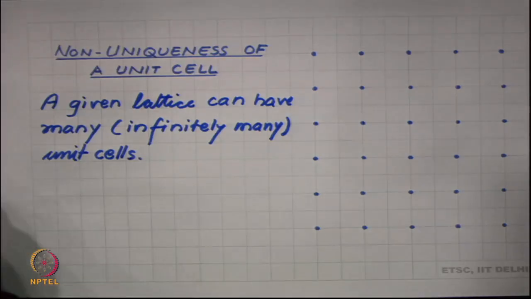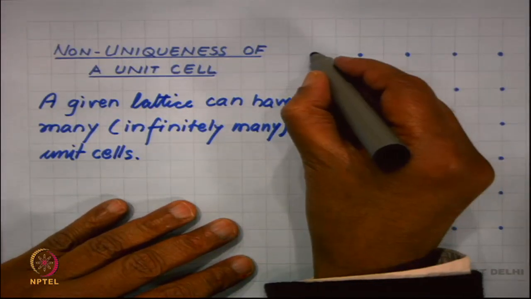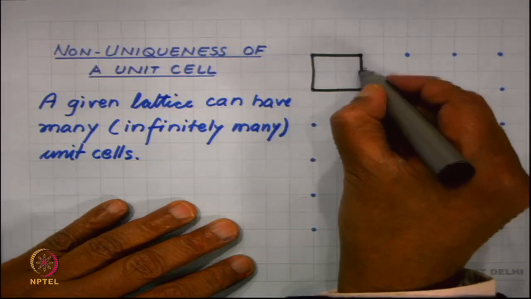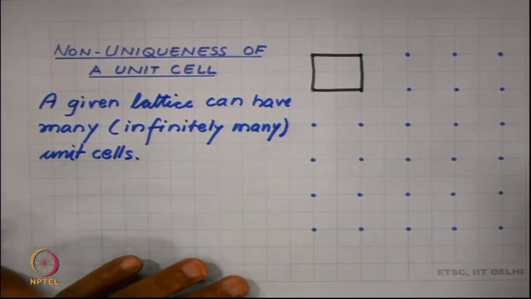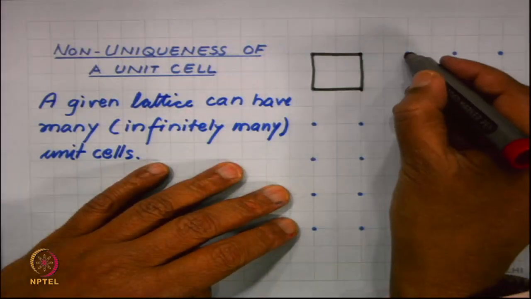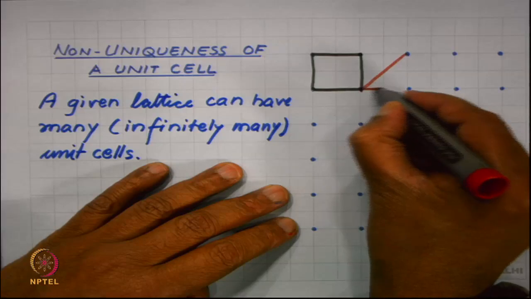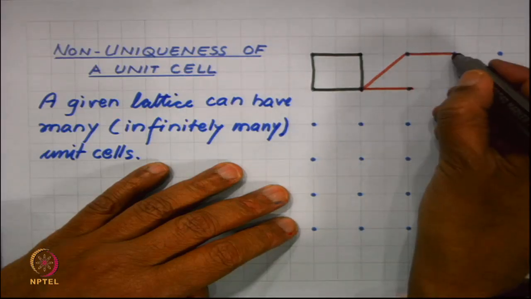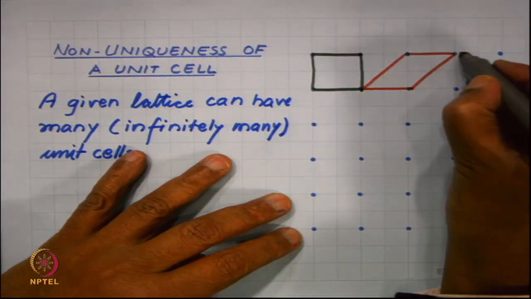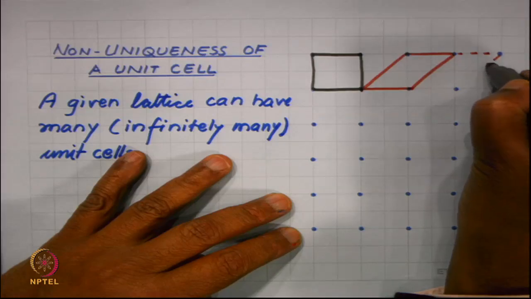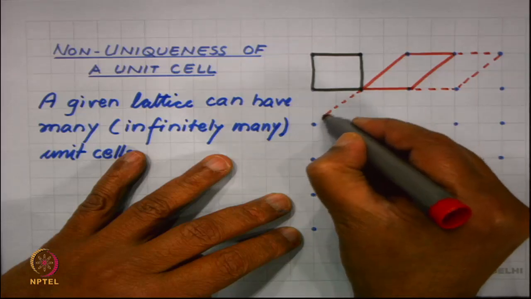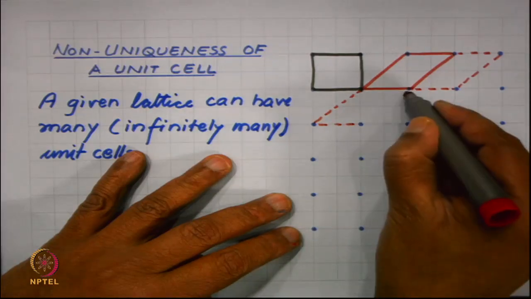We will see here, for example, in the same square lattice, initially we had selected a nice square as our unit cell, but in the same lattice, if I so wish, I can select this red unit cell, which is no more a square, but a parallelogram. And if I repeat this parallelogram, I again can generate the entire lattice.